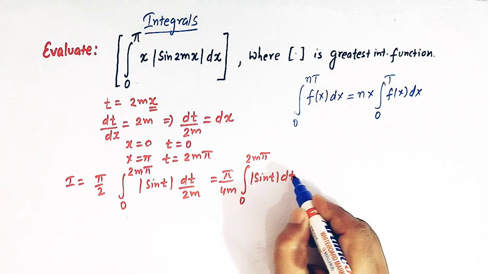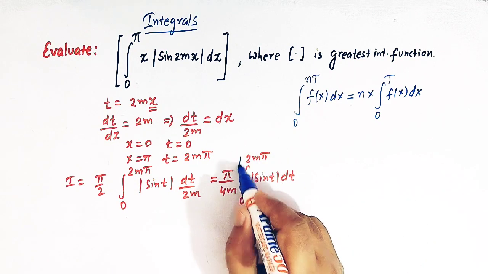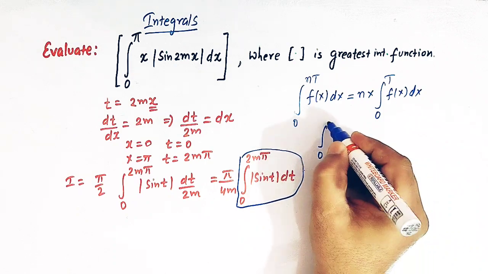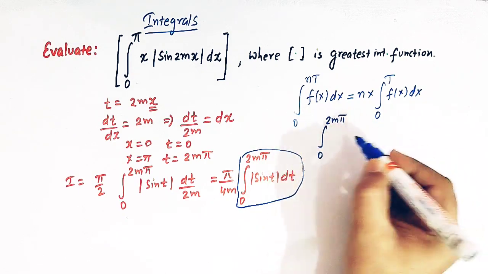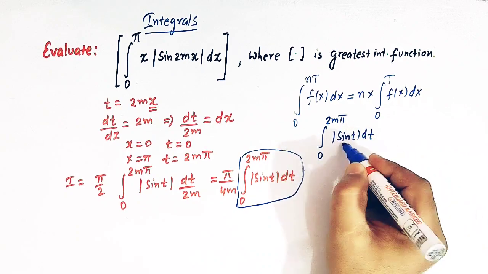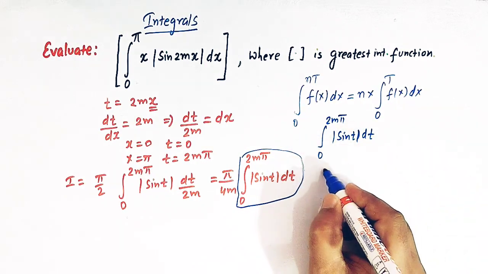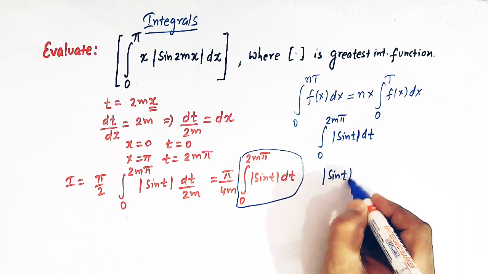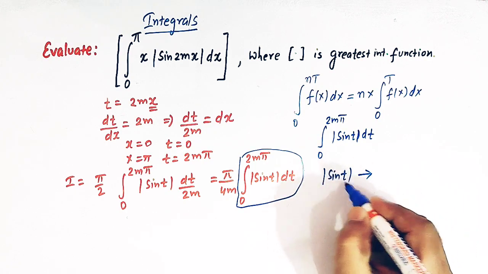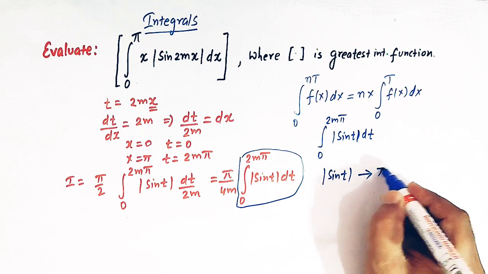And here, this integral is 0 to 2m pi of mod of sine t dt. And we know that mod of sine t is a periodic function, and the period of this function is pi.